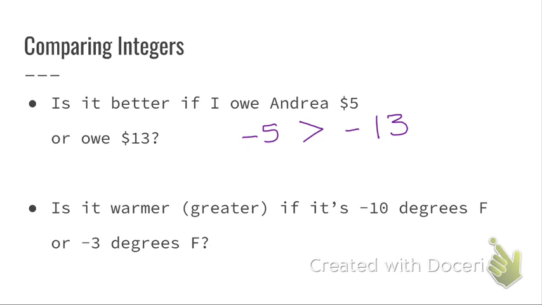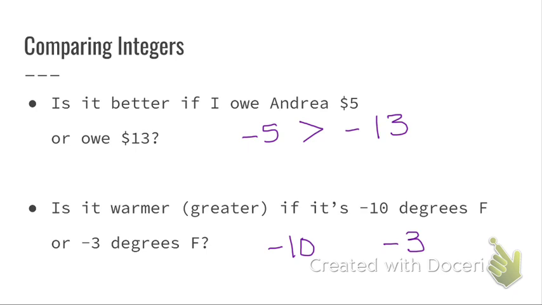I don't really want to owe Andrea at all, but it would be better if I only owe her $5 instead of $13. So next we're going to think about these temperatures, and we're going to compare them. Negative 10 and negative 3. Which one is warmer? Negative 10, we also could call that 10 below 0, or 3 below 0.